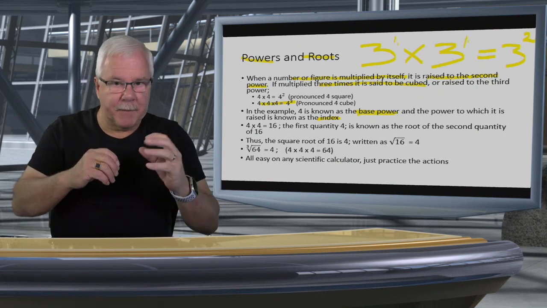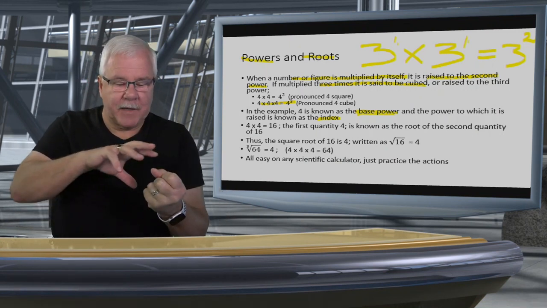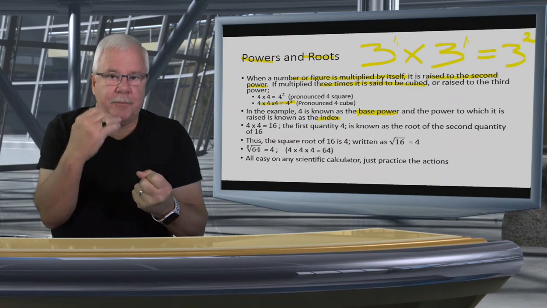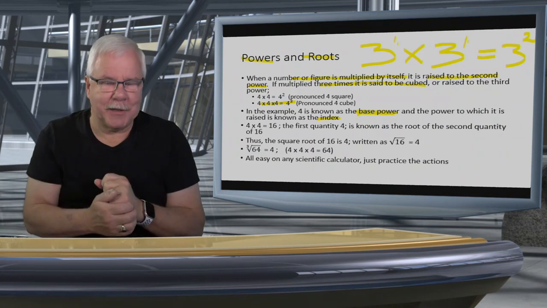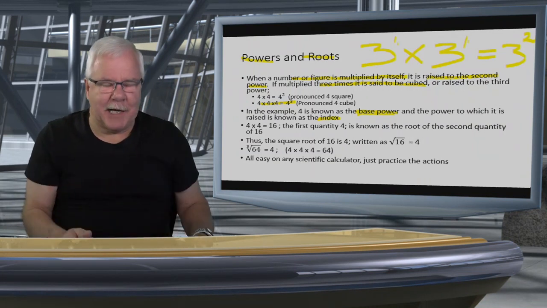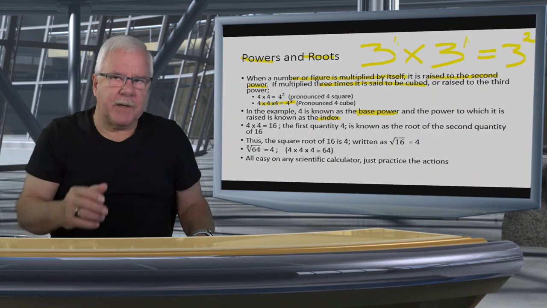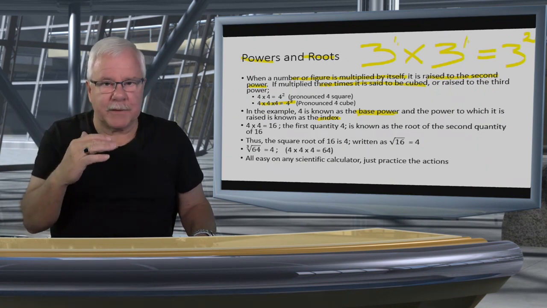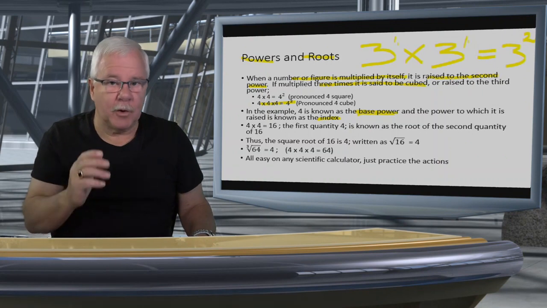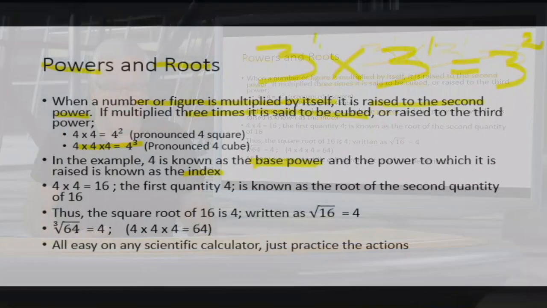So remember, the base power is 2, and it's elevated to the power of, but in real terms, it's actually called the index. It's not exactly how we speak. So we would say 10 to the power of minus 10, or we would say 10 to the power of 16, or whatever the case may be.